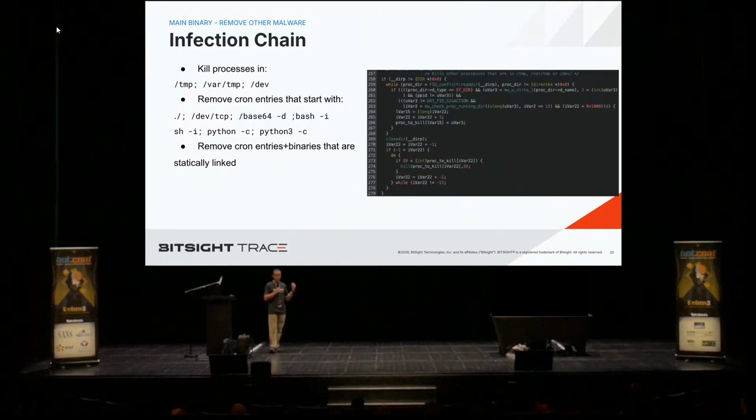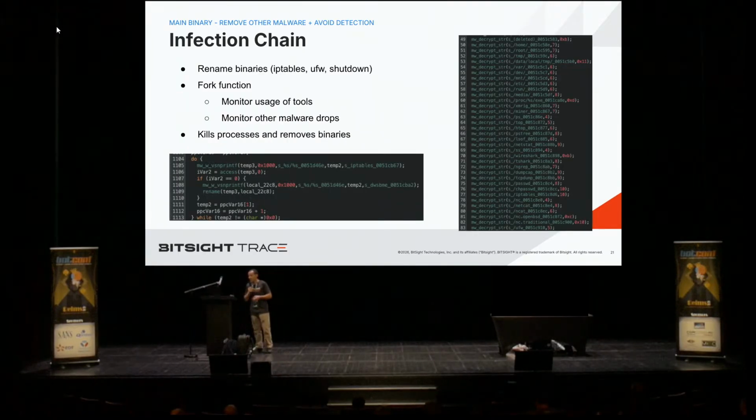So they're likely looking for other malware that infected the system, or is just running Python or Bash or whatever, and they try to remove it. They also look at binaries that are being called from the crontab, and they will remove the binaries if they're statically linked. So here they're assuming that if a binary is statically linked, then it's malware, so they're going to remove it so it doesn't compete with them.